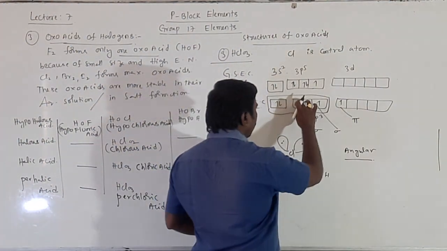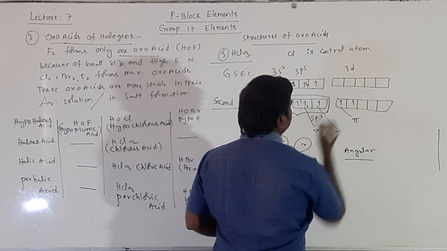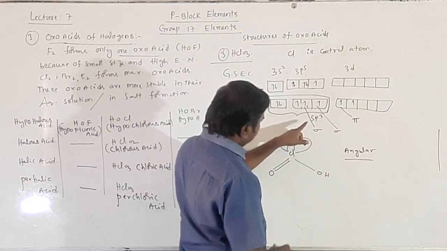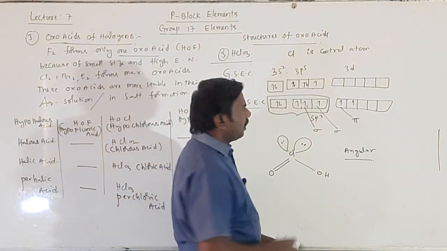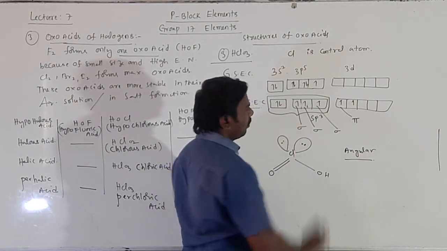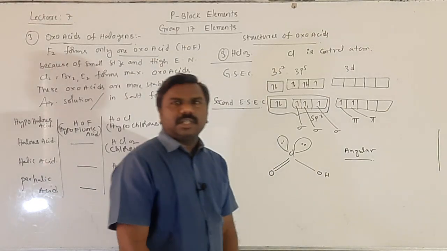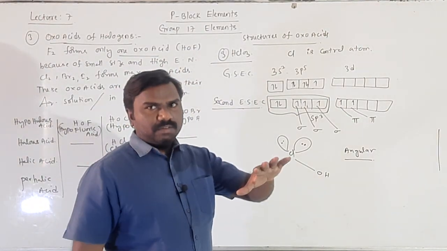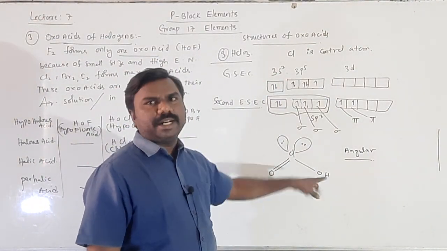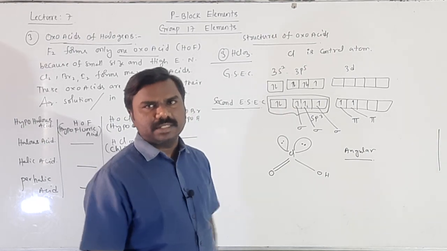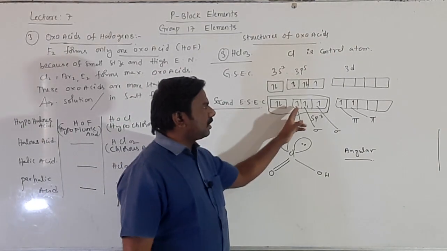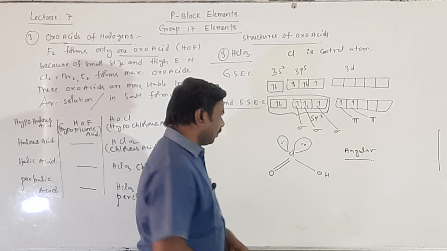It means one more will be shifted here. Getting? Again sp3 hybridization only, but 3 sigma bonds and 2 pi bonds. Getting all of you? You write first one, okay. Second one again you write. Second excited state, 2 pi bonds, 3 sigma bonds.